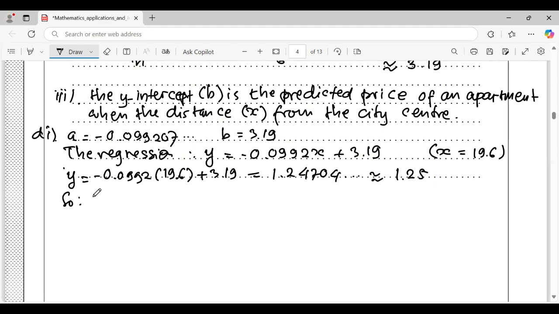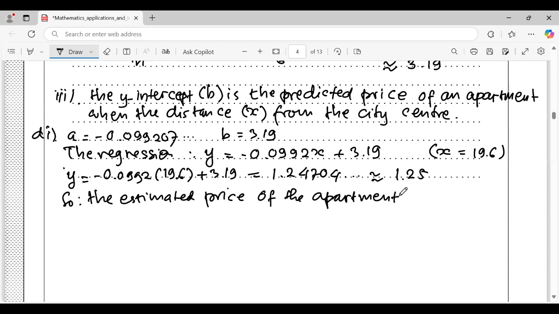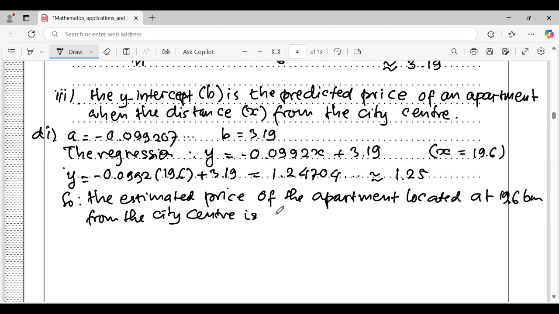So the estimated price of the apartment located 19.6 km from the city center is approximately 1.25 Australian dollars, because it is in Melbourne.